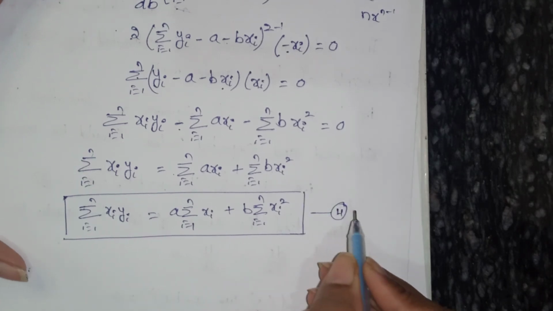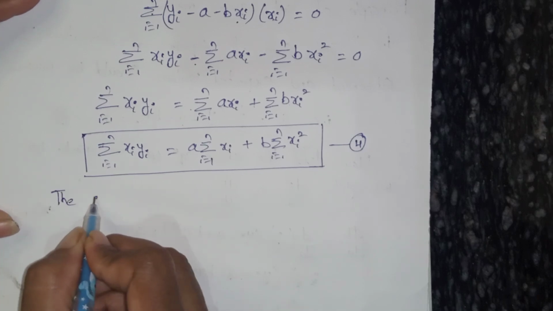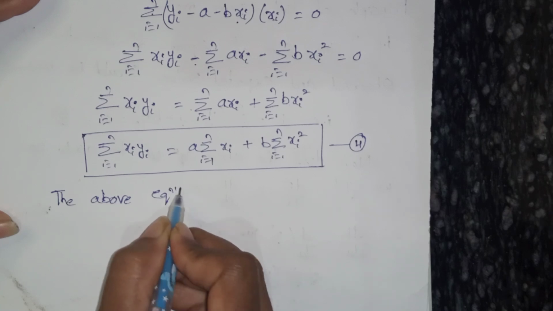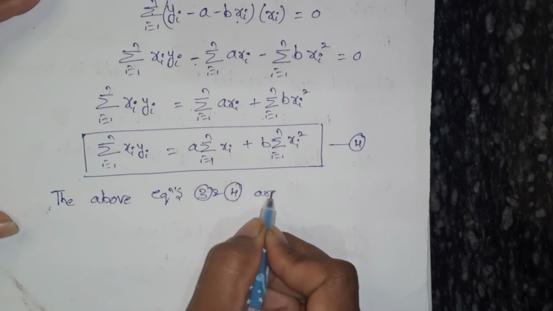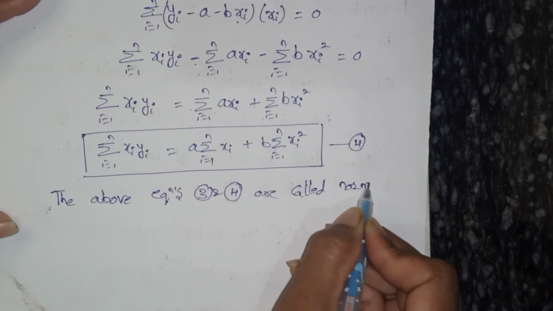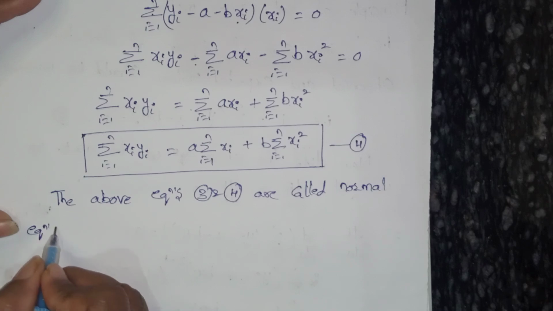The above equations 3 and 4 are called normal equations.